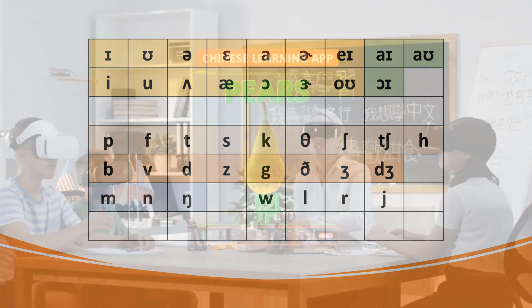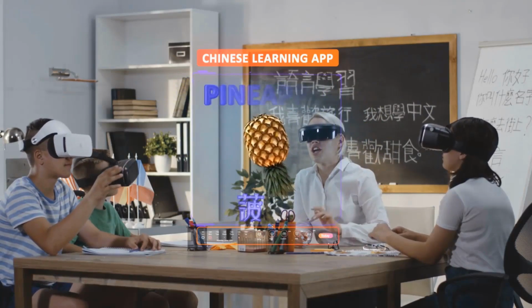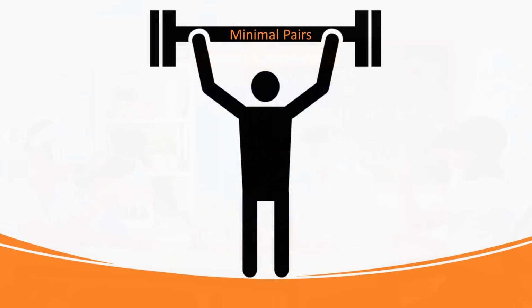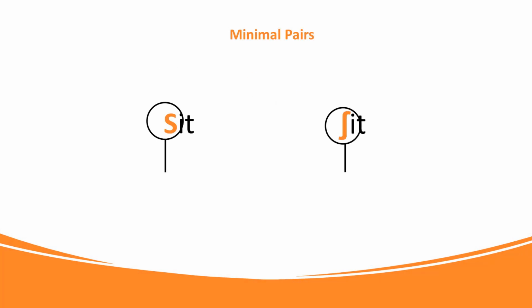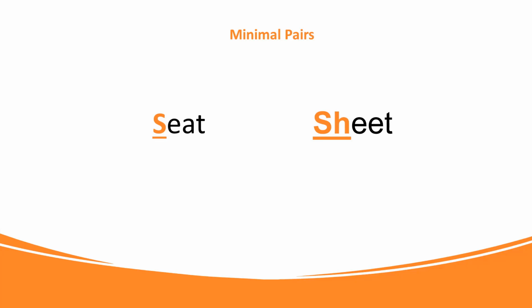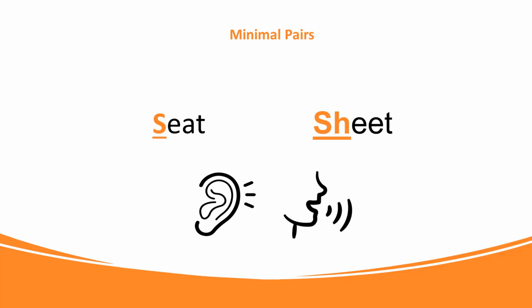In this course, we cover all sounds and help you practice them with minimal pairs. Minimal pairs are words that differ by only one sound, such as seat and sheet. By using minimal pairs, you can test your ability to hear and pronounce subtle differences between sounds.